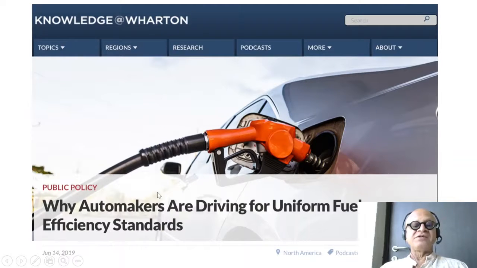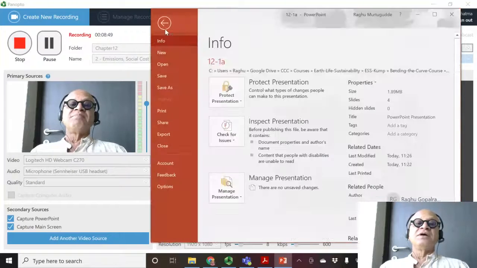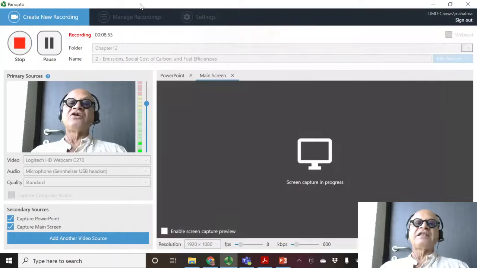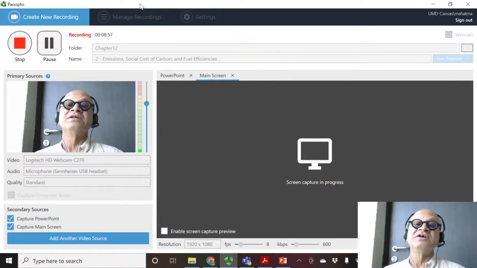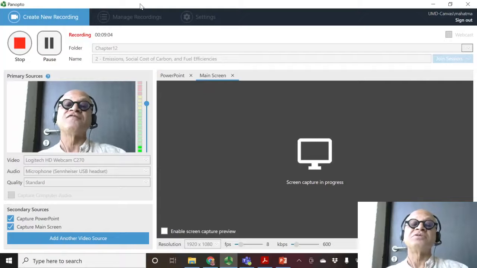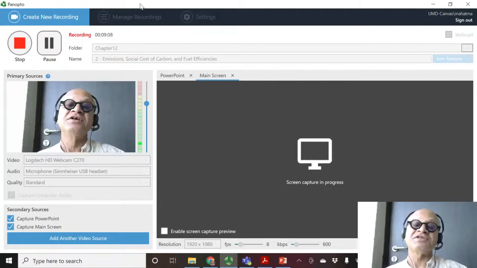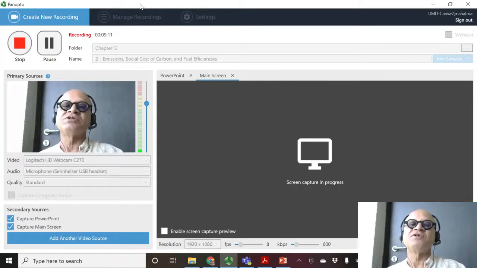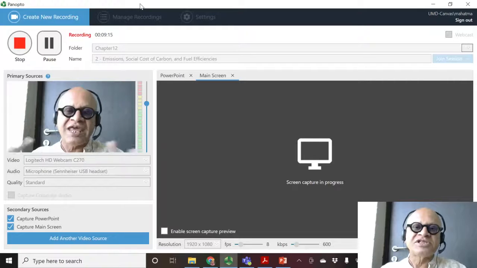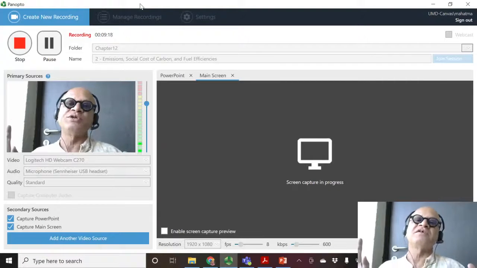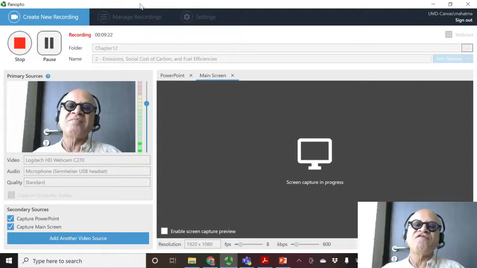This article is from 2019, asking that they need a uniform fuel efficiency standard, especially including California, because California has a waiver, as you remember, and can negotiate its own standards, etc. So manufacturers themselves, especially after the lessons they learned in 2008, bankruptcies, bailouts in the US, and the difficulty of keeping up with the Japanese manufacturers in terms of improving fuel efficiency standards, are saying we don't want to weaken the fuel efficiency standards, and we don't want to have state-based efficiency standards, but make them uniform, and have California be part of the agreement as well.